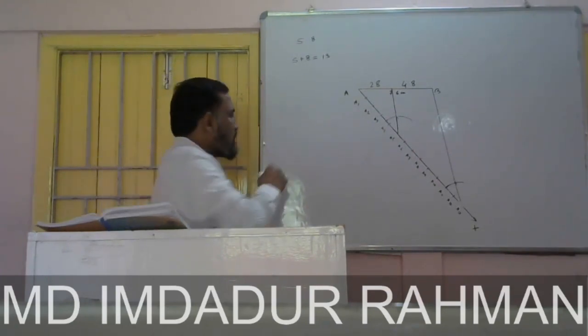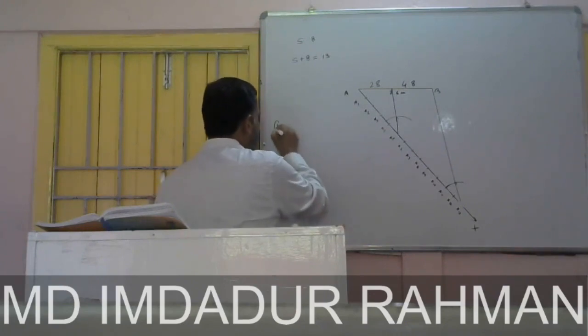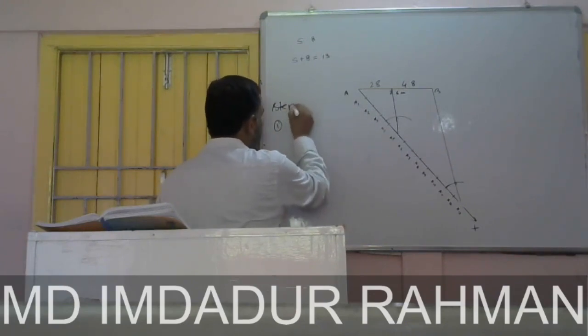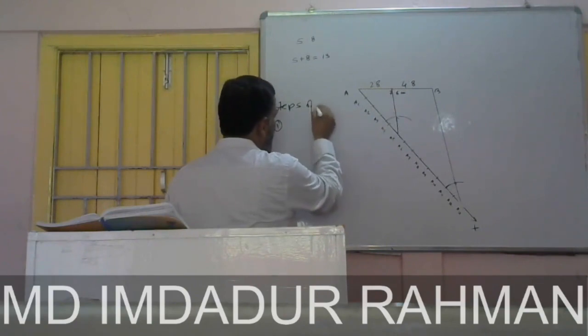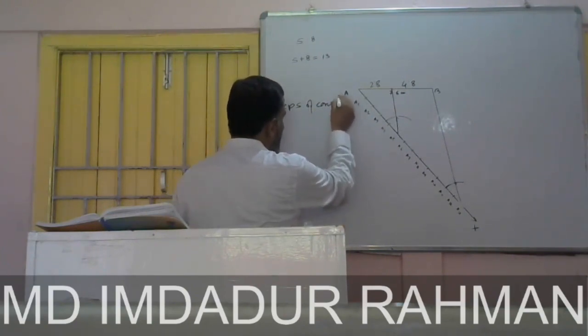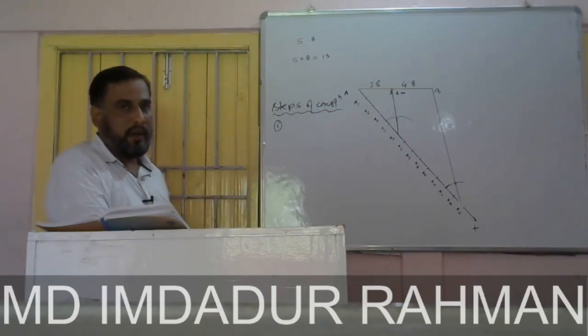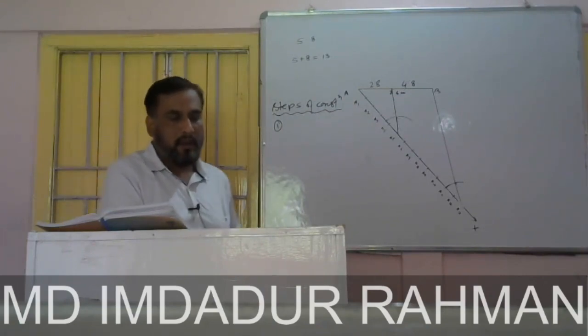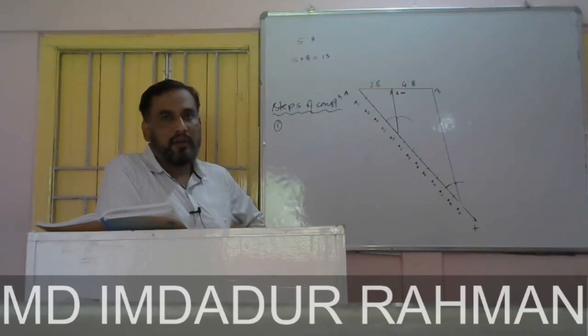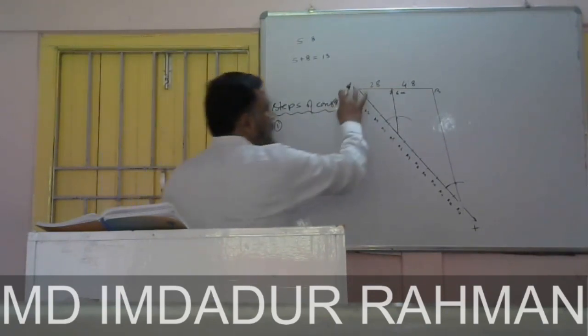Now we will write the steps of construction. So for steps of construction, what I have done. This is steps of construction. You may copy along with me. At first, we draw a line segment of length 7.6 centimeter. What I have done?